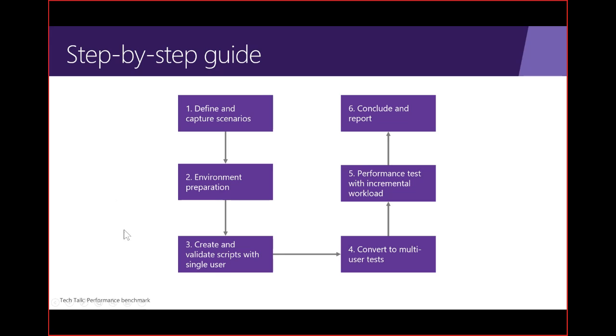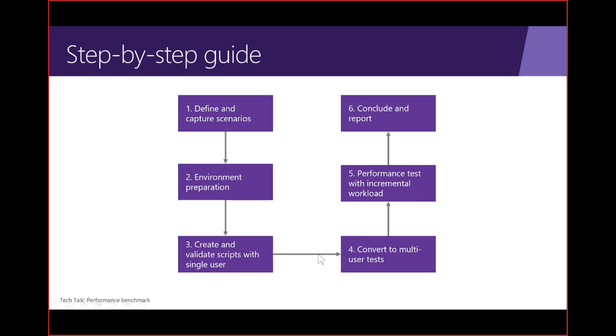And eventually you will convert the task recording you captured for the scenario in step 1 into a C# performance script. And then you will validate with a single user to make sure the script itself is working as expected, and it does what you expect the script to perform in the system.